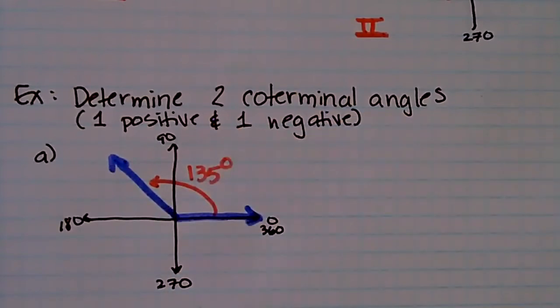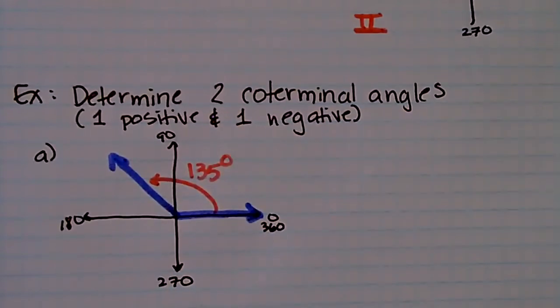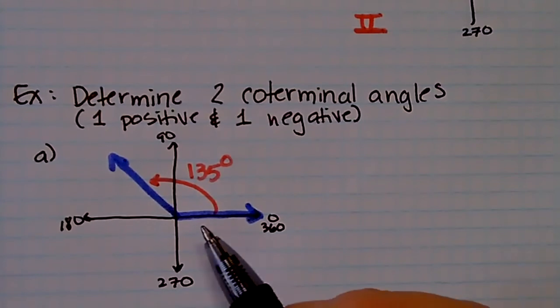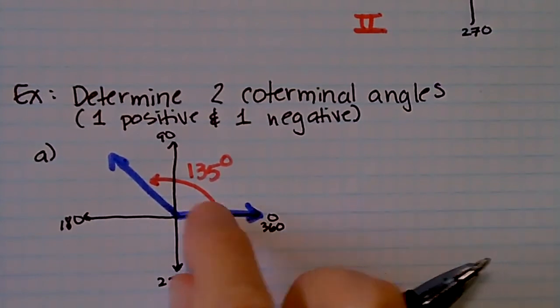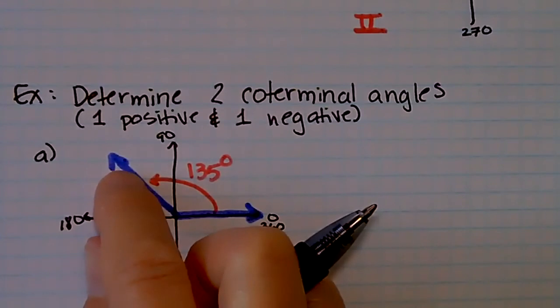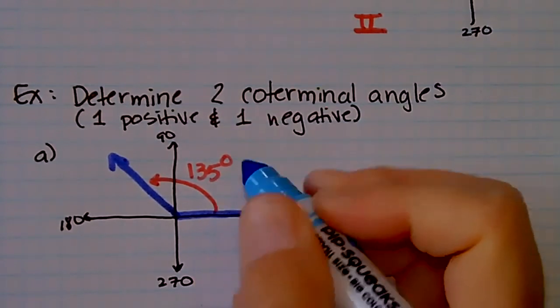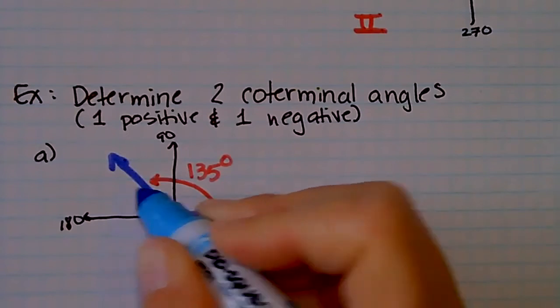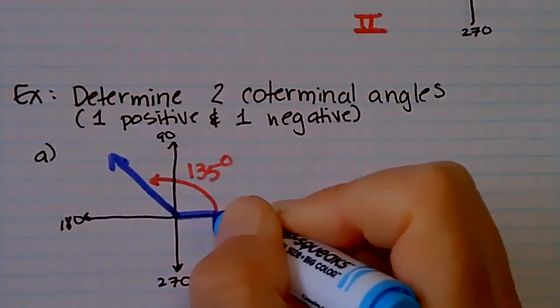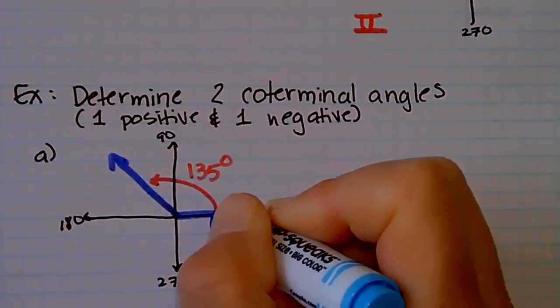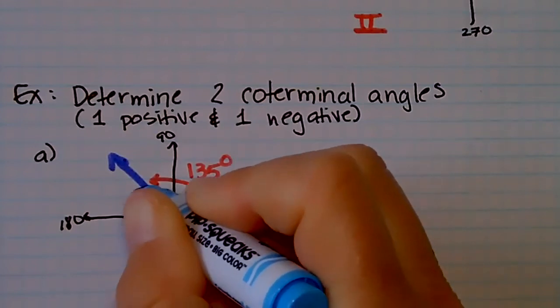And they want two coterminal angles, which basically means we want angles that start in the same position and end in the same position, okay? So to get, let me start with the negative one. That might be the easier one here to do. So if I'm doing the negative one, that means I'm going this direction. I'm starting here and I'm ending here.